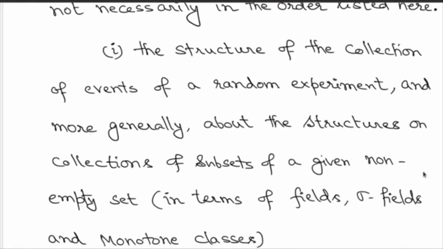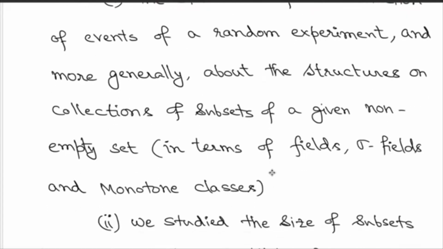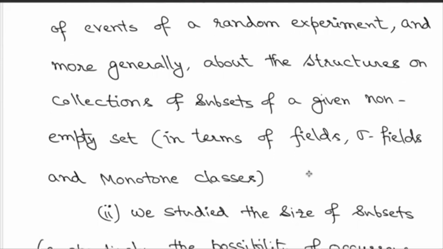The first thing that we have covered is the structure of the collection of events of a random experiment, and then more generally we looked at the structures on collections of subsets of a given non-empty set, and these structures were in terms of fields, sigma fields and monotone classes.